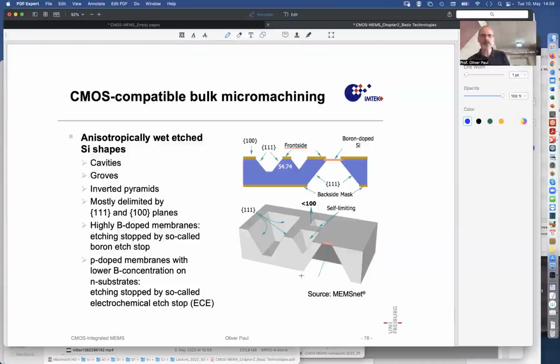And sometimes they're etched really right across the wafer just to release something which is on the other side, a dielectric material. And so we have sometimes, for instance, boron doped membranes or p-doped membranes with lower boron concentration that can be left there by some electrochemical stuff, which is also neatly used.